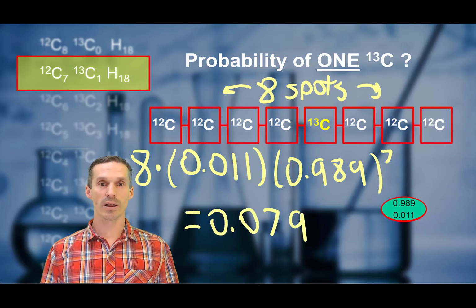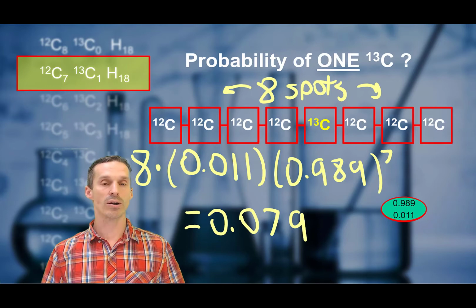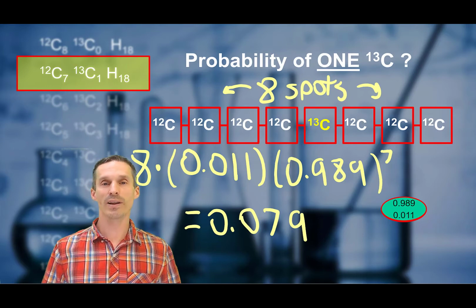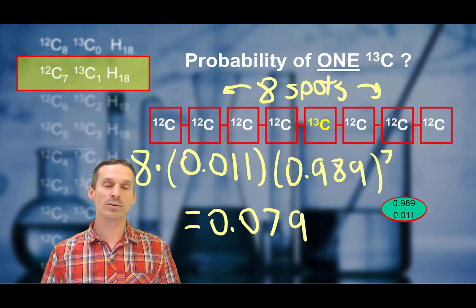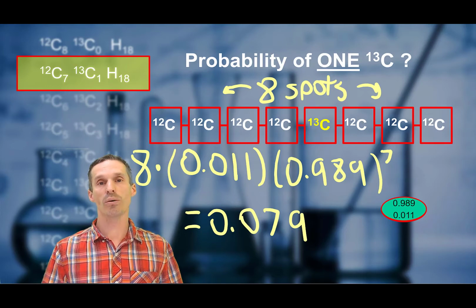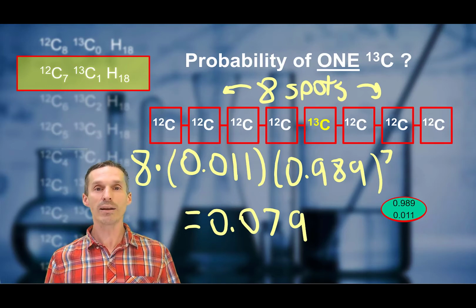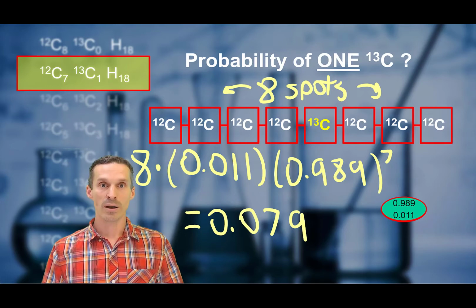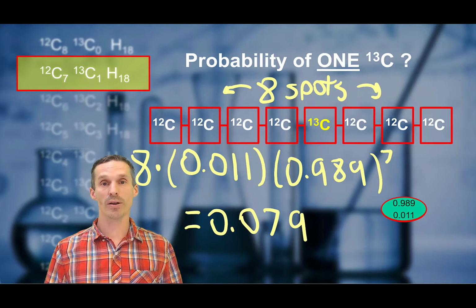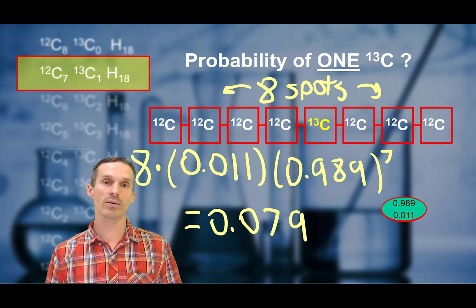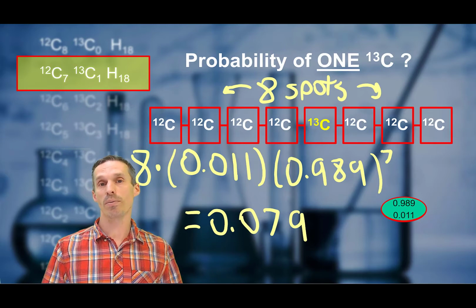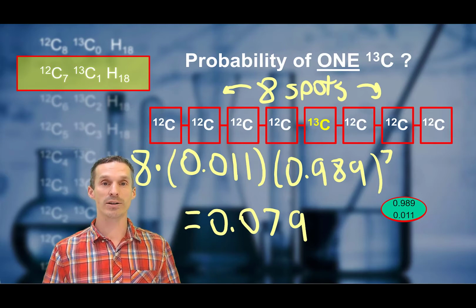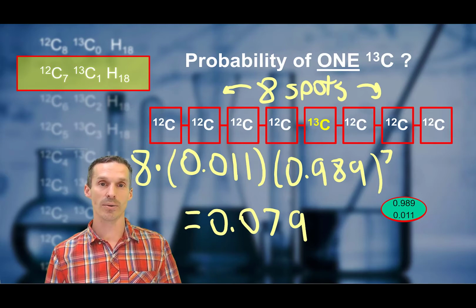So when you do this calculation, the probability is about 0.079, or roughly 8%. So carbon-13 can show up more likely because our molecule has 8 different chances to throw it in there. The larger our molecule gets, in other words, the more carbon we have in our molecule, the more probability we have of actually finding that carbon-13 showing up.